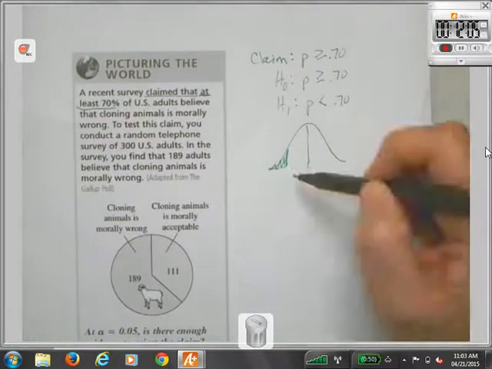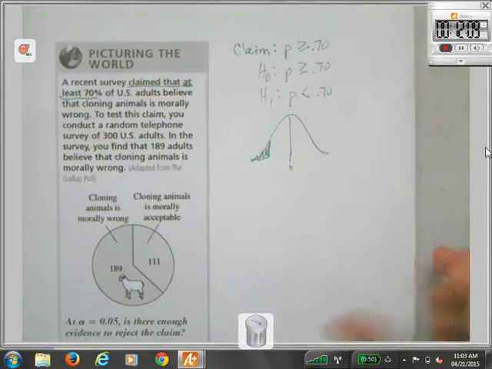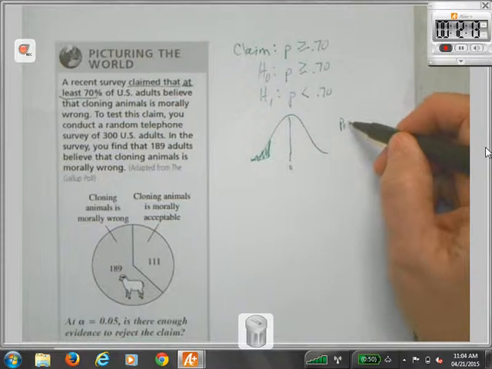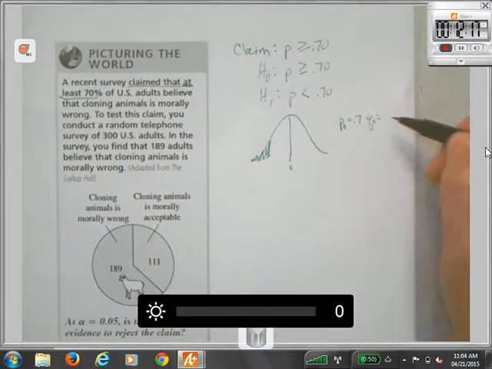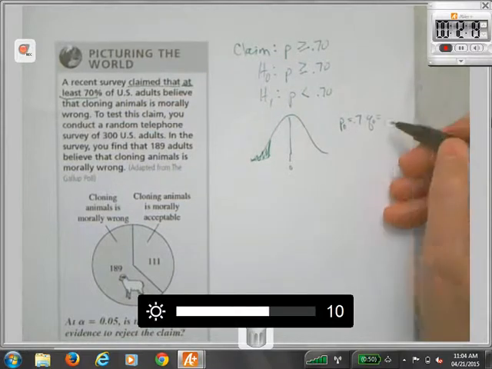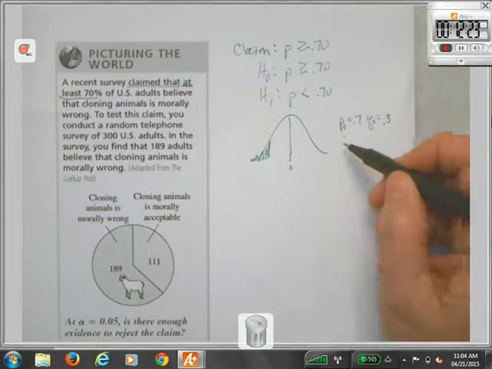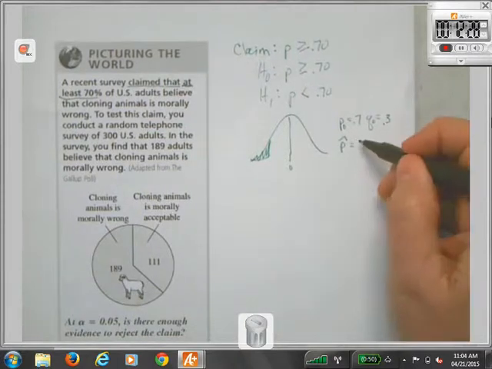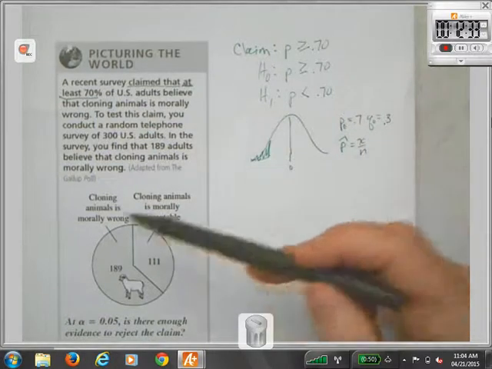We'll find that z test statistic in a moment. The other important numbers that we need from the claim: we have p sub 0 equaling 0.7. Therefore, q sub 0 equals 0.3. For p hat, we go x over n. x was the number of successes, and this is about the morally wrong.